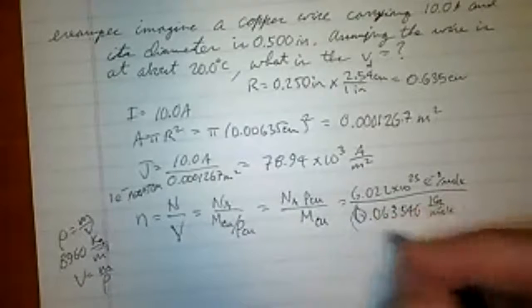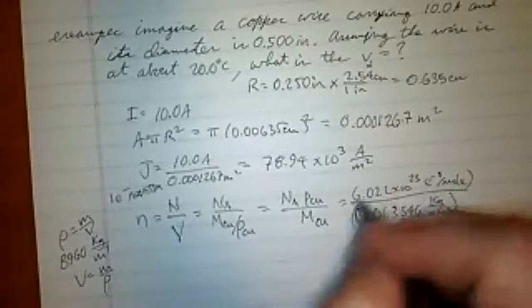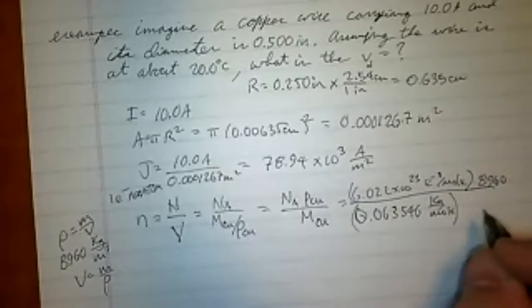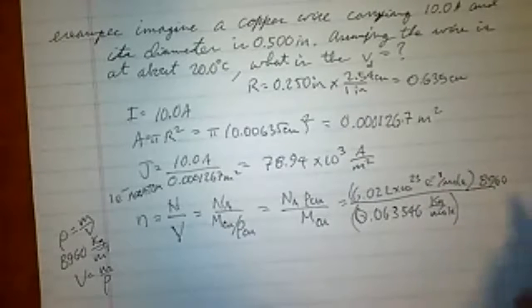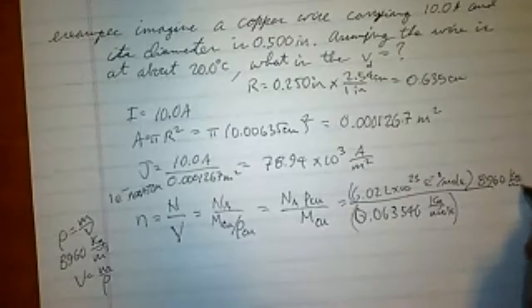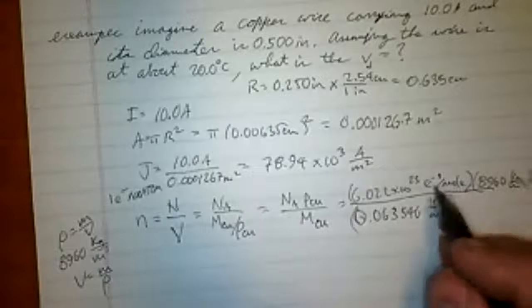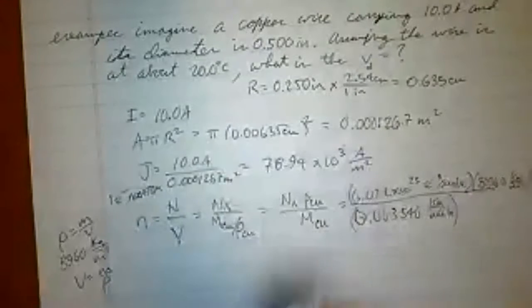Because remember, it's actually grams per mole that the periodic table gives us. And then times the density, which is 8,960 kilograms per cubic meter. So that should give us the number of electrons per cubic meter.